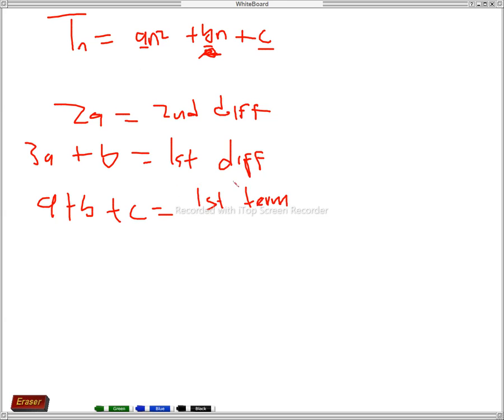So I'm going to apply all of these things I was explaining to an example. Suppose I'm given 2, 5, 10, 17, 26.